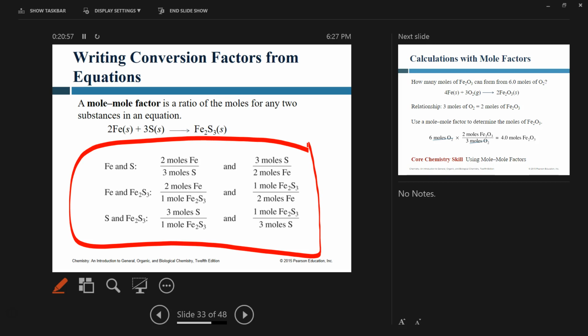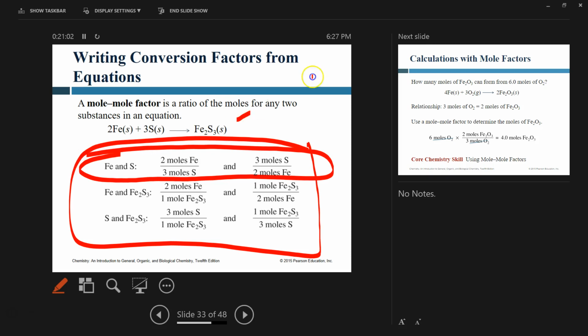This conversion factor between iron and sulfur tells you that in this particular reaction, 2 moles of iron interact with 3 moles of sulfur. Does that make sense? Now, these conversion factors tell you that if you take 2 moles of iron, then out of these 2 moles of iron you can get 1 mole of iron 3 sulfide.